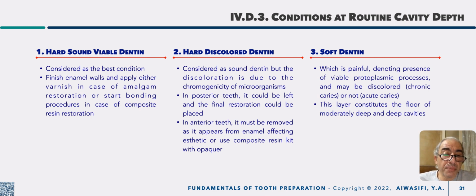Also, one of the best conditions is hard discolored dentine. It is considered as sound dentine. Although it is discolored, it is hard. Once it is hard, it is considered as sound dentine. It is discolored due to chromogenicity, the colors arising from carbohydrates when metabolizing your collagen. They are discolored metabolites entrapped inside dentinal tubules, but your dentine is absolutely hard and absolutely sound.